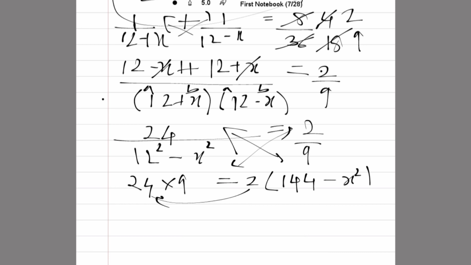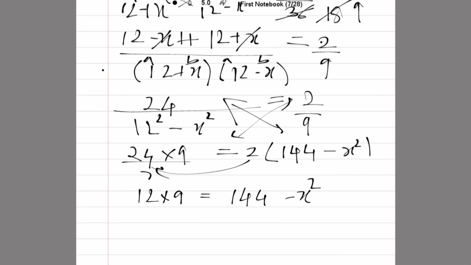If this 2 comes down, it will get divided, right? And this 2 and this 24 get cancelled. So 2 12s is 24. So 12 into 9 is equal to 144 minus x square.